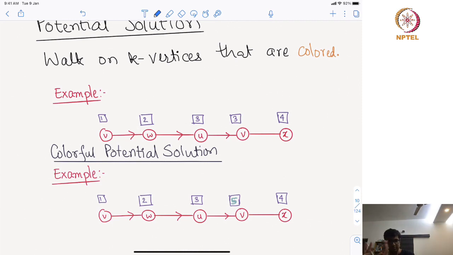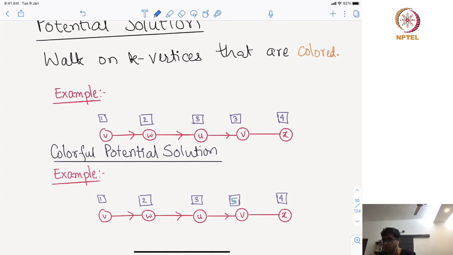First, let's just worry about this. What is a walk on K vertices that are colored? You are given a walk, and K colors means you just assign colors to the occurrences of vertices. They are colorful if each of their occurrences gets a distinct color.